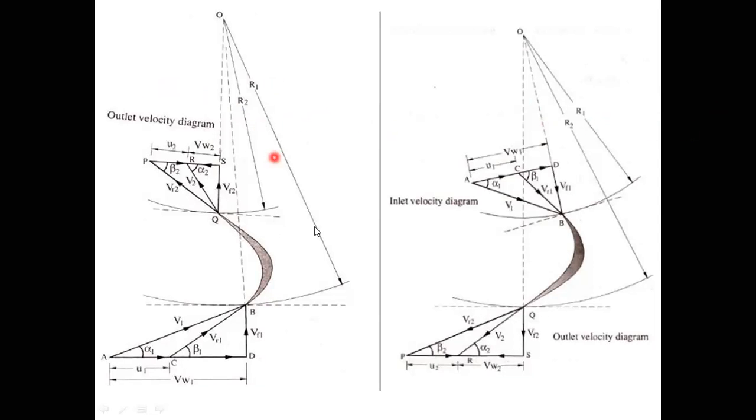Here, R1 is the outer radius, but here R1 is the inner radius. This is the major difference. Use this concept for solving problems, because in a problem we are given an inward flow reaction turbine or an outward flow reaction turbine. This diagram is for inward flow, this is for outward flow velocity diagram.